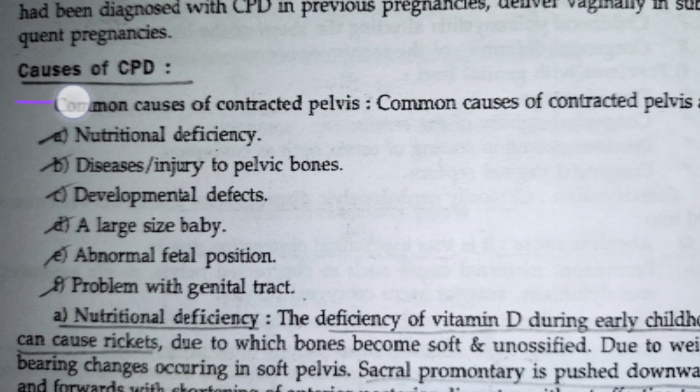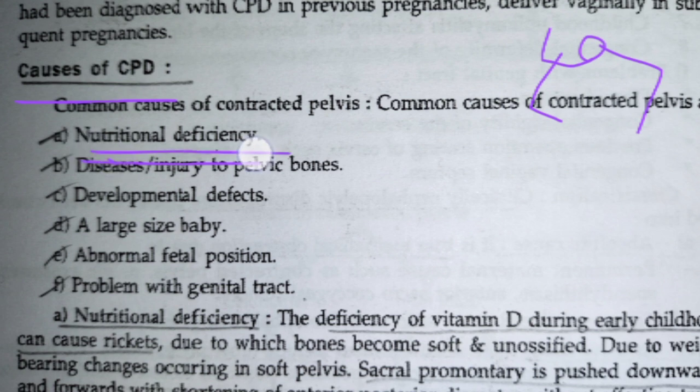Causes of CPD. First, nutritional deficiency. Generally because of vitamin D deficiency we get rickets. You know what is rickets? The legs will be bowed like this. So in this we have pelvic defect also. Apart from this, there are two other conditions which occur because of nutritional deficiency that lead to CPD.